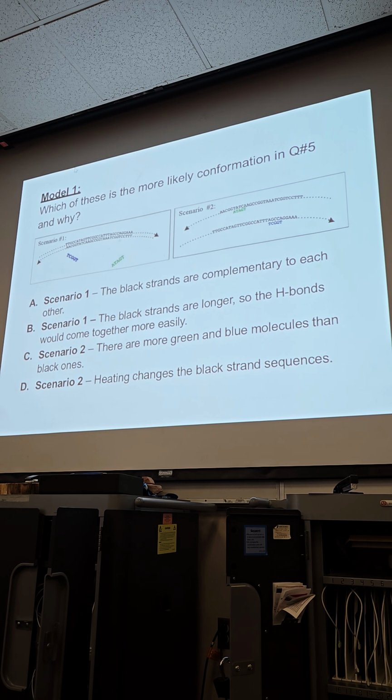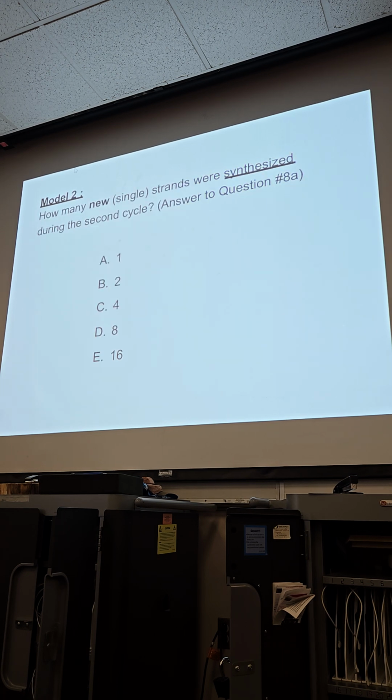What does heating do? It breaks the hydrogen bonds, so it allows this to unzip. In your cells, they don't heat to unzip. It uses what enzyme? Helicase. Excellent. So we don't use helicase here. Okay? When you get to this question, answer it.